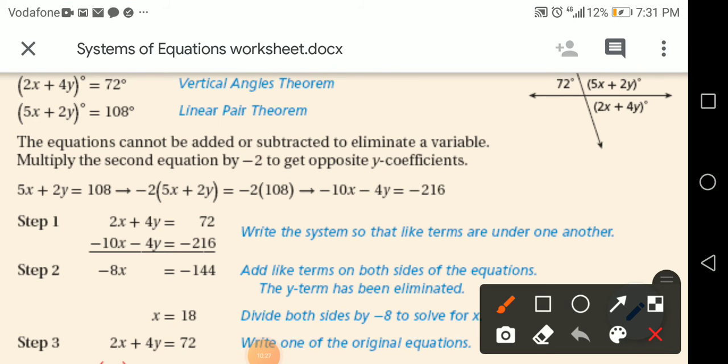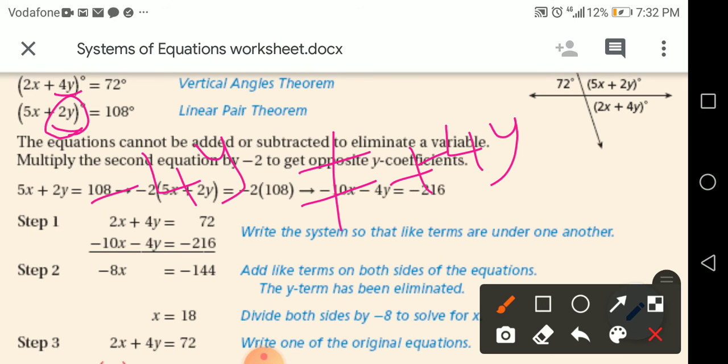I have positive 4y and positive 2y. I want to make this positive 2y into what, guys, so I can eliminate the y? I want it to be negative 4y, the additive inverse of positive 4y.